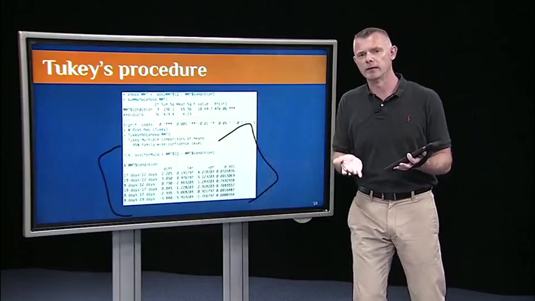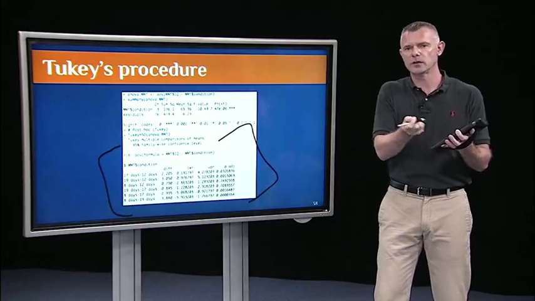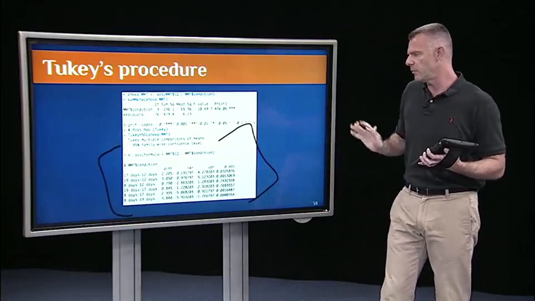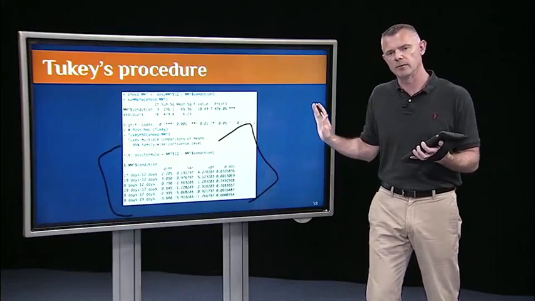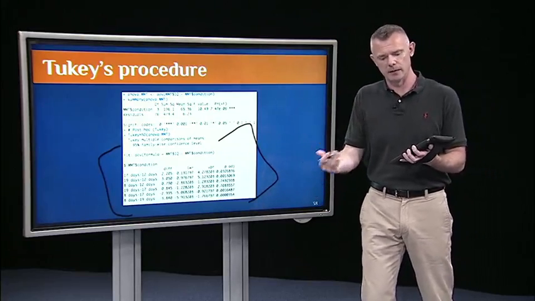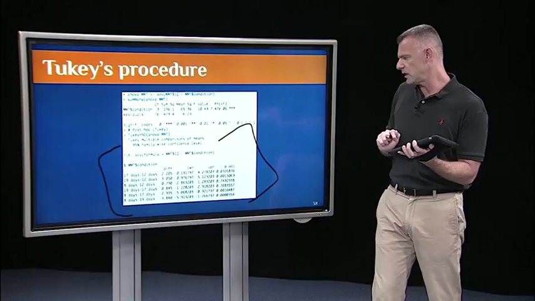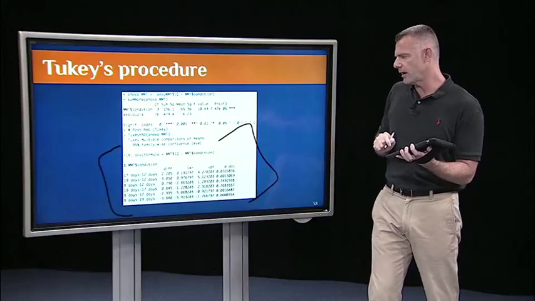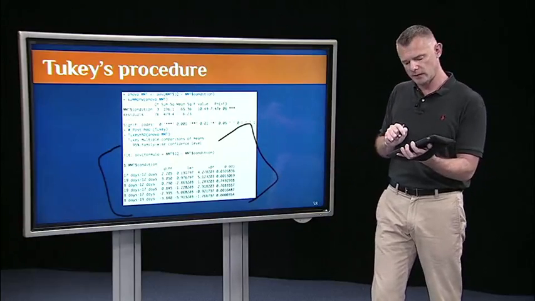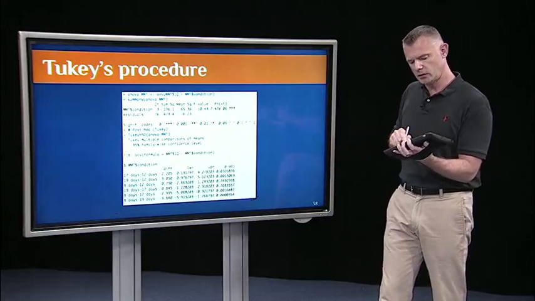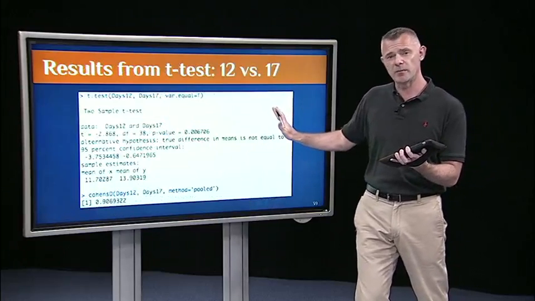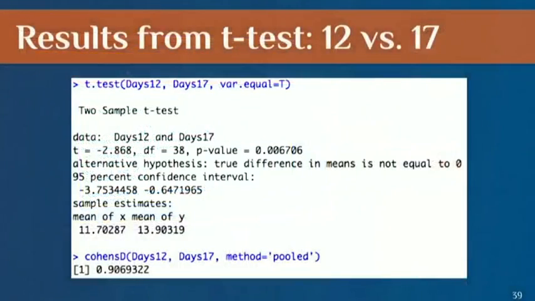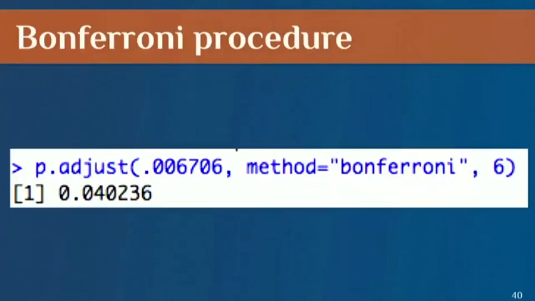You could do more than that, right? You could combine groups and compare them to another group, but he stops at just all pairwise comparisons and corrects for that many. And here you see the p-values. Again, I'm going to compare that 17 days versus 12 days p-value to the results from the independent t-test where there's no adjustment. And now let's compare that to the Bonferroni procedure.